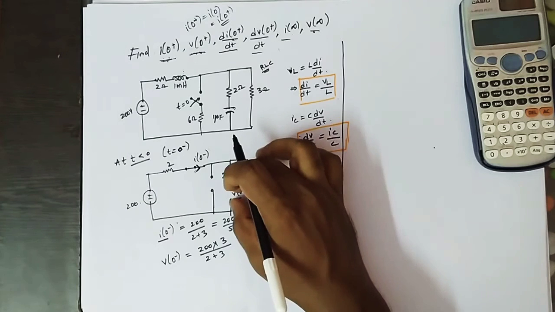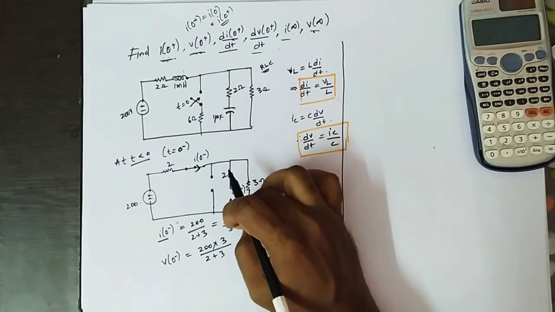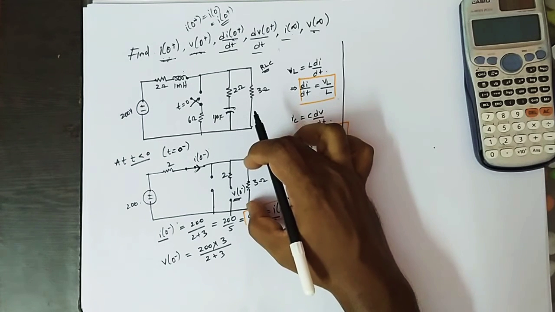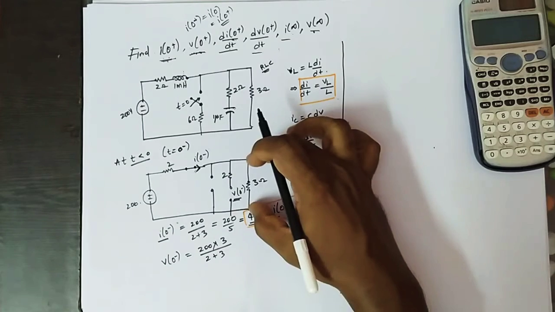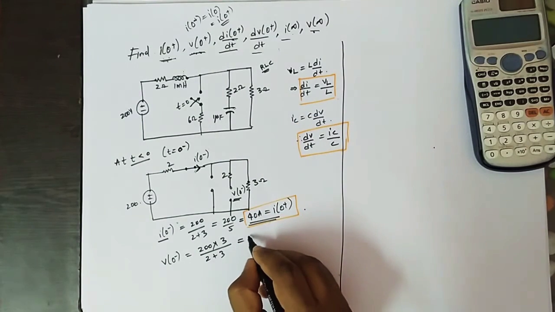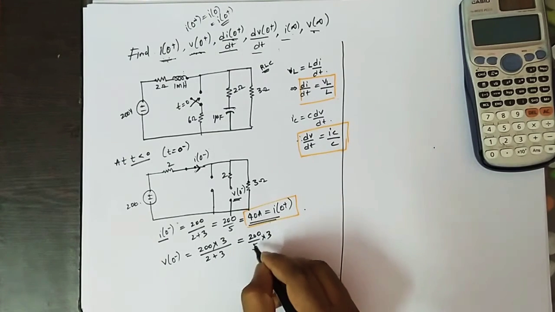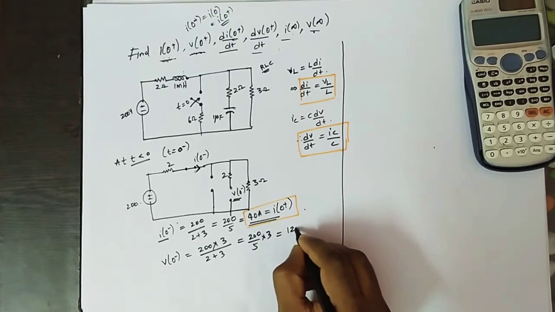This v of 0 minus is the voltage at this terminal with reference to ground. That is 200 by 5 into 3, so 40 into 3, that is 120 volts.